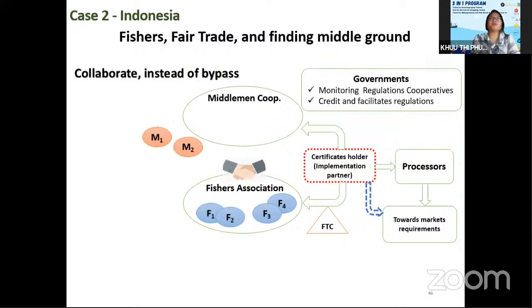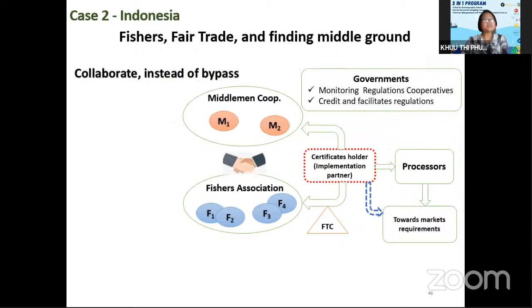But if we can ask the middlemen to join a middleman cooperative, we can combine. And now certification holders can play a role to control and connect the fisher association and middleman cooperatives, and they will have the responsibility to ensure the quality of the product provided to processors and toward the global market.